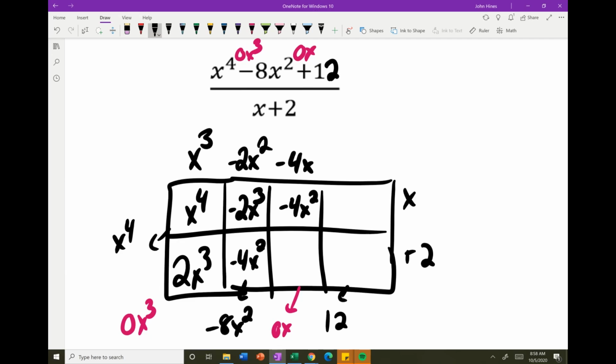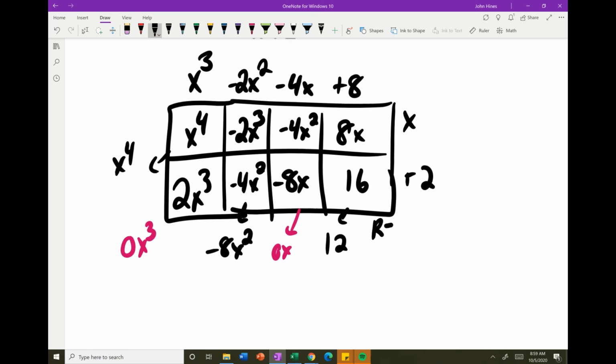I have negative 8. I've got to get to 0, so I need positive 8. I get 16 there. But I need 12, so that tells me I have a remainder of 16 minus 12... I have a remainder of negative 4.